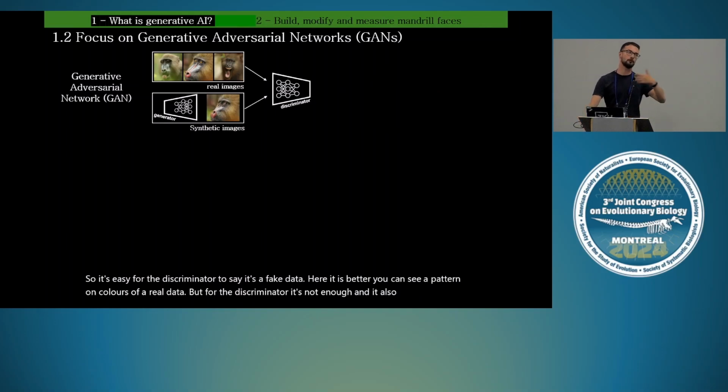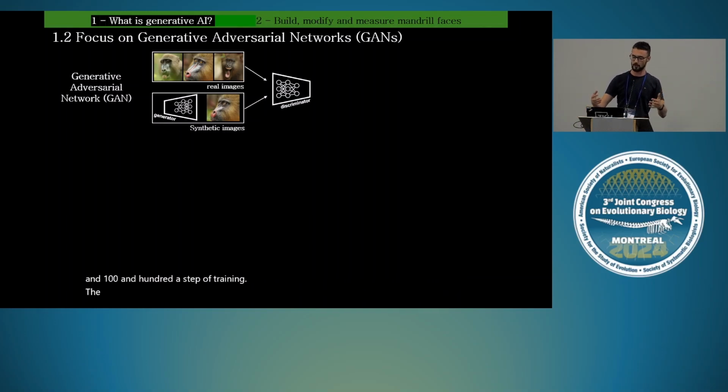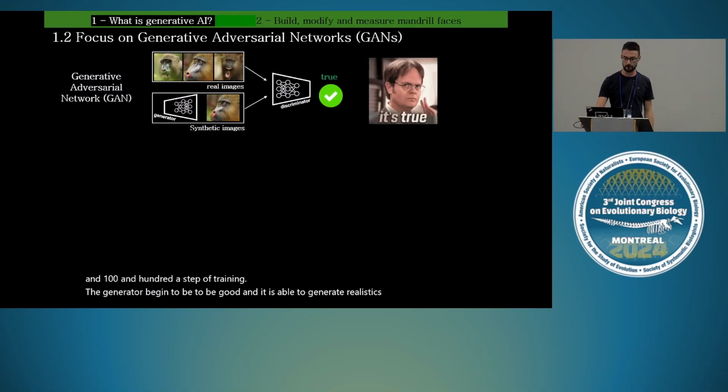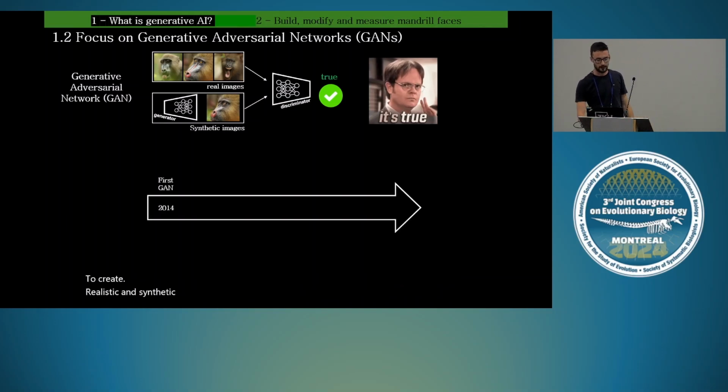But after hundreds and hundreds of steps of training, the generator begins to be good, and it is able to generate realistic synthetic images. And for the discriminator, it's too hard to say it's fake, and it says it's true. So the generator is ready to create realistic synthetic images.